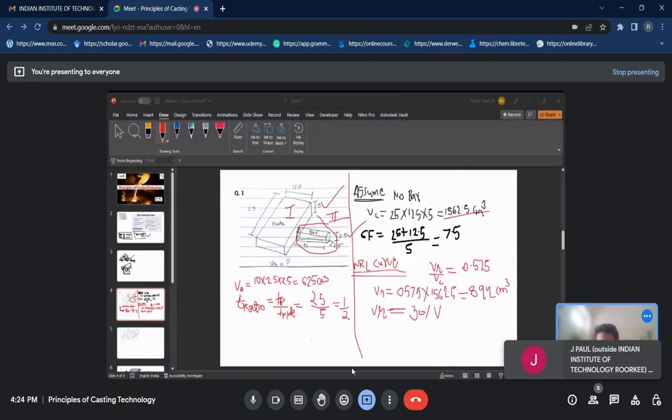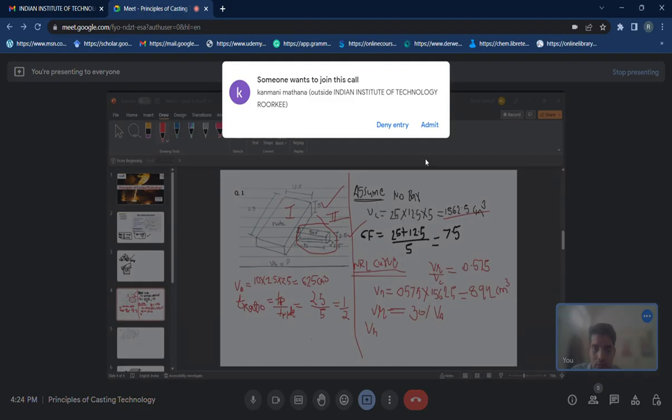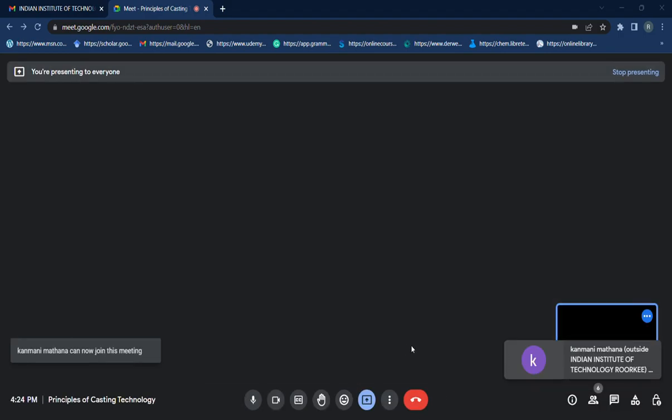So after going through the curve, your volume of the riser will be 0.3 times your volume of the appendage.